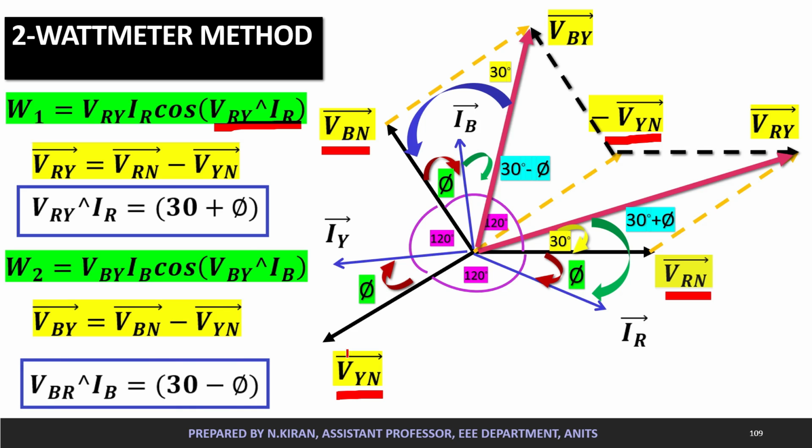Since this is a star connected load, we know that VRY and VBY are line values, as well as IR and IB are line values, since in star the line current is the same as the phase current. So I can rewrite the readings of wattmeters W1 and W2.